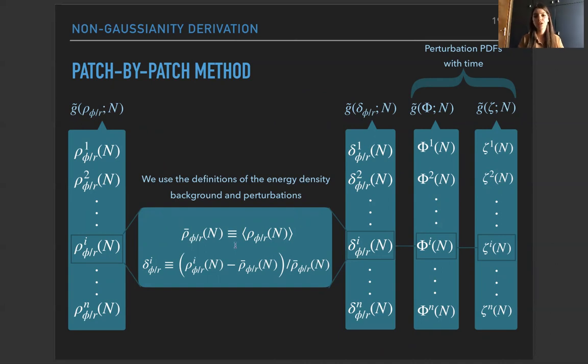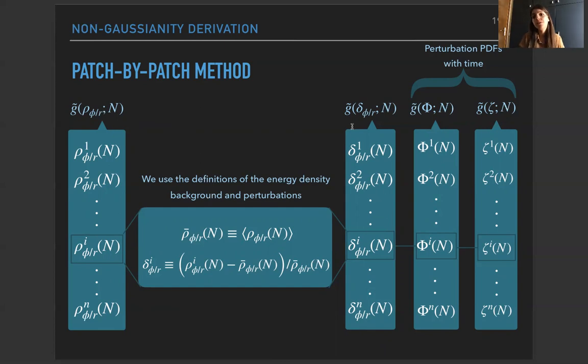So the background will just be the mean of each of these distributions, of course, the average, and the perturbation over the background at a particular patch would just be the value of the energy density at this patch minus the background, over the background. So the simplest definition for the adiabatic density perturbations you have.